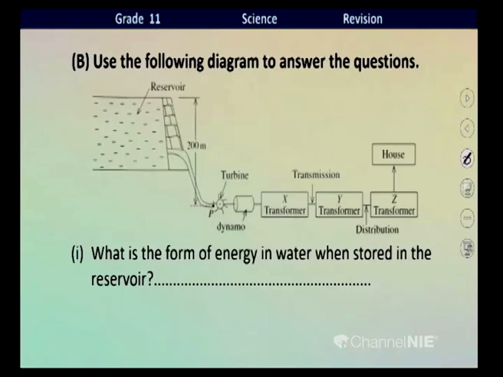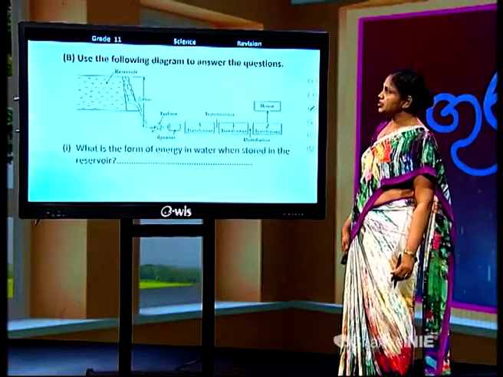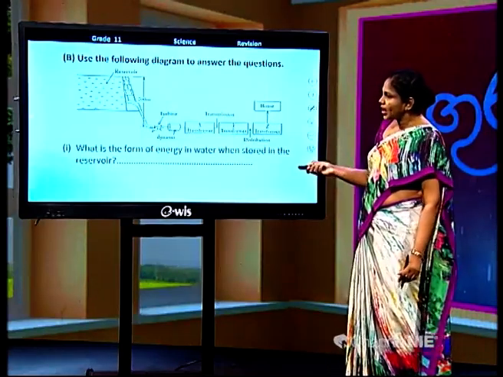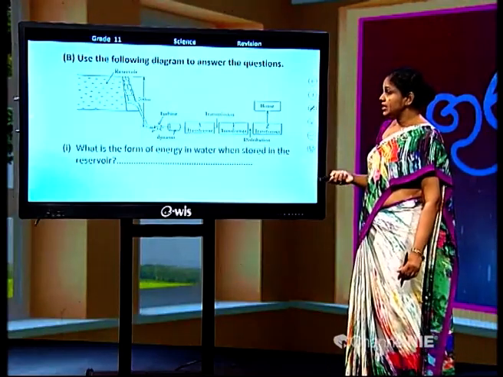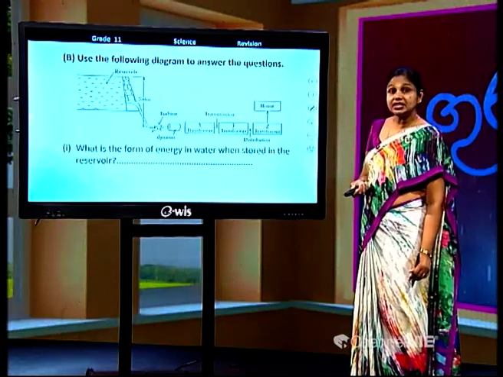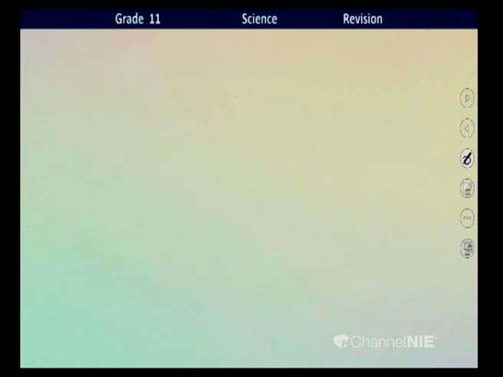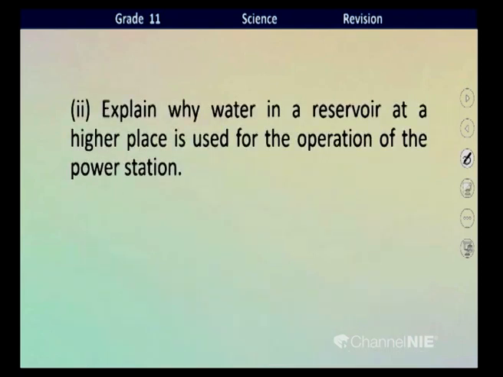Next, use the following diagram to answer the questions given here. What is the form of energy in water when stored in the reservoir, children? When water is stored in a higher reservoir, potential energy is stored, right? Explain why water in a reservoir at a higher place is used for the operation of the power station.